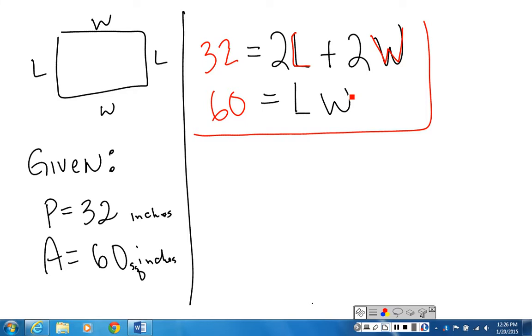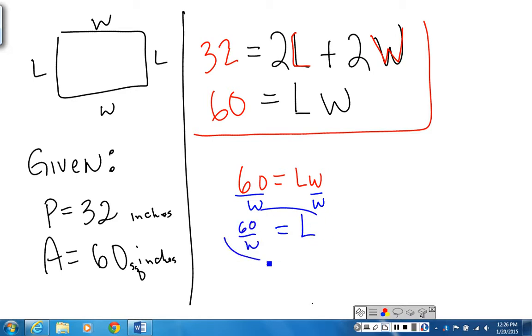So for example, let's solve for L. We have 60 equals LW. Let's say we just solve for L. We're just playing around to see what can happen. If we solve for L, we get L equals 60 over W.